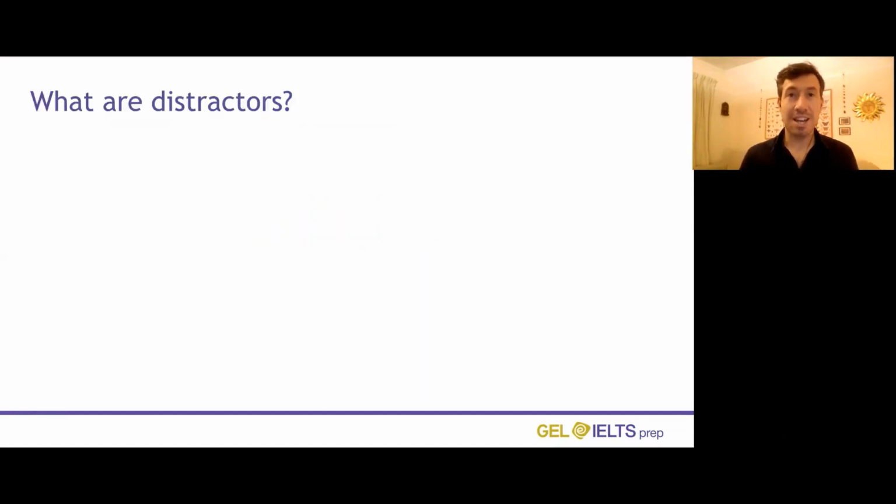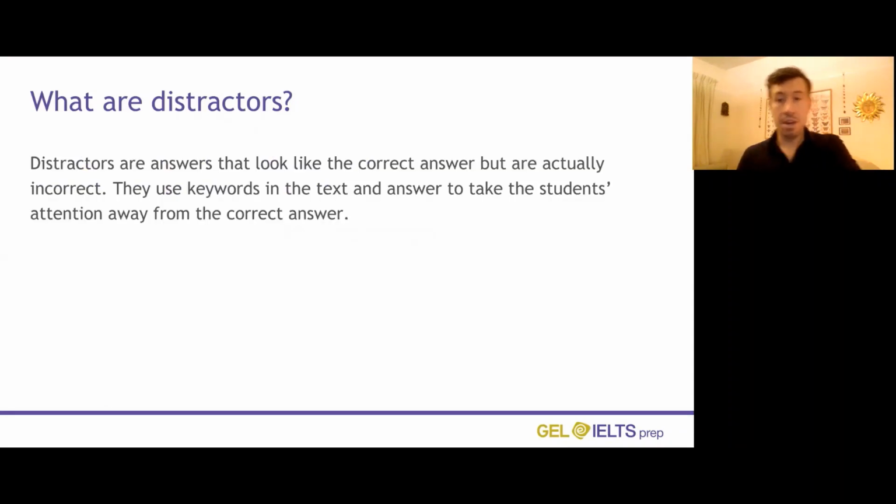So let's start by looking at what distractors are. Well, distractors are answers that look like the correct answer, but are actually incorrect. They use keywords in the text and answer to take the student's attention away from the correct answer.